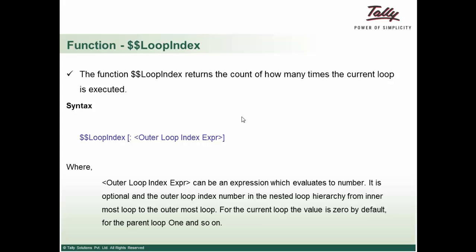It will return the looping of your batch allocations. Now say you want the looping index of your ledger entries. So you say $loop index : 1, which will go to the parent loop and return the number of times the ledger entries have looped. And if you give 2, it will return the looping construct of your voucher. So that's how it goes on.